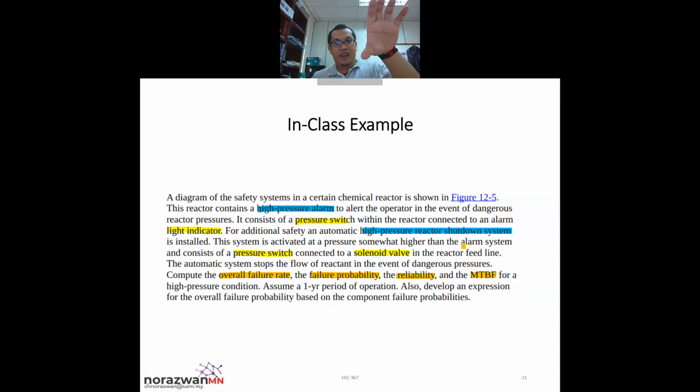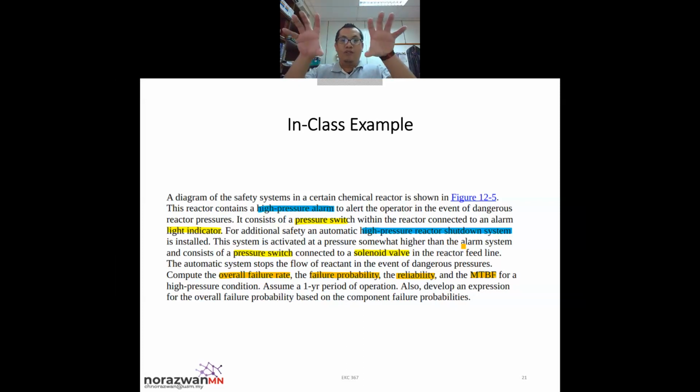If the high pressure alarm is okay, there is no failure. If the alarm fails but the shutdown system is okay, there is also no failure because the process will shut down. But if the alarm fails and the shutdown system also fails, then there is a failure inside your reactor, and the hazard will come.